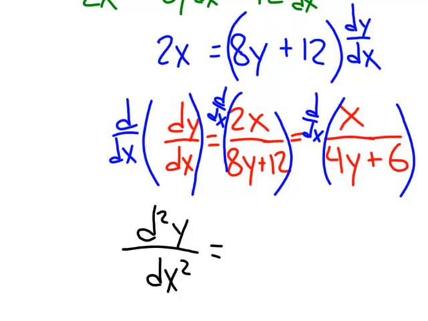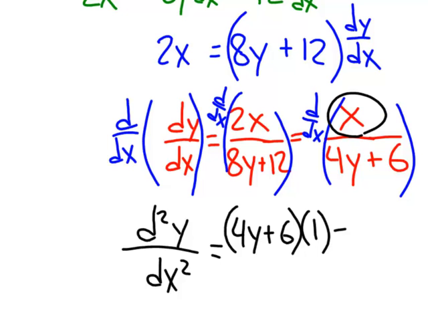And we need to do the quotient rule on this. We have a quotient, no way around it. We need to do the quotient rule. So let's do the bottom times the derivative of the top. So bottom, 4y plus 6, times derivative of top, which is just 1. And I like to write the 1 just as a placeholder to say, look, I didn't forget to take the derivative, minus the top times the derivative of the bottom.